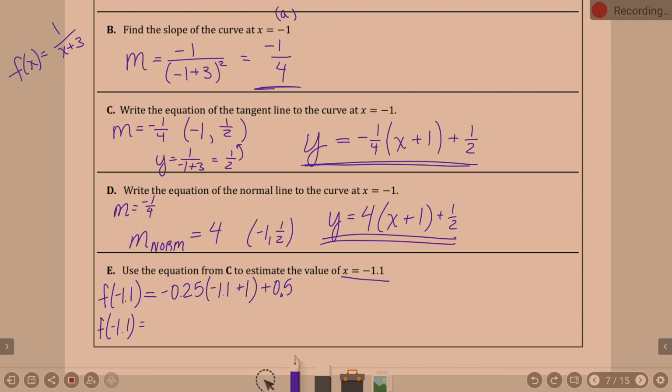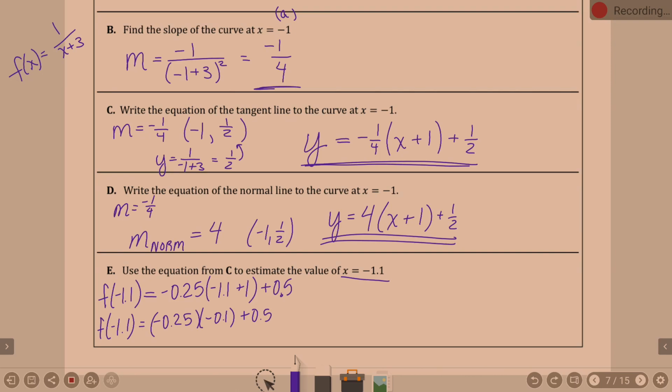Let's see. Negative 1.1 plus 1. What? Negative 0.1. Negative 0.1. So then I'm doing negative 0.25 times negative 0.1. Well, if you remove decimals, 25 times 1 is 25, right?